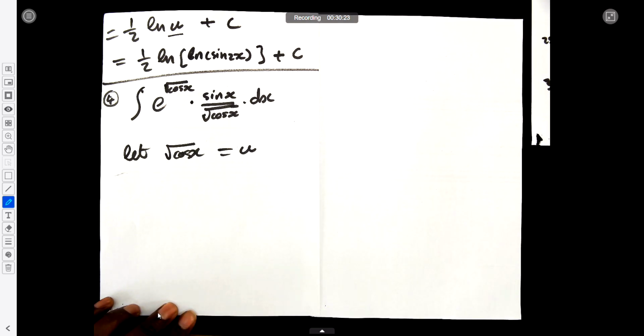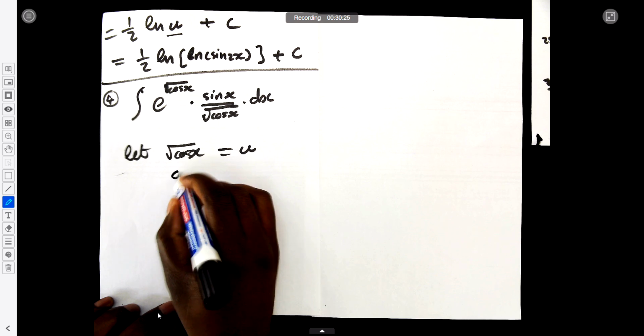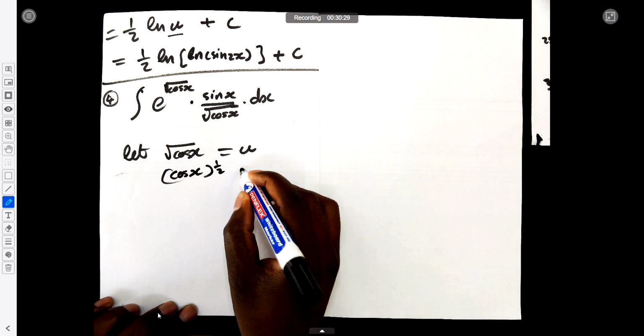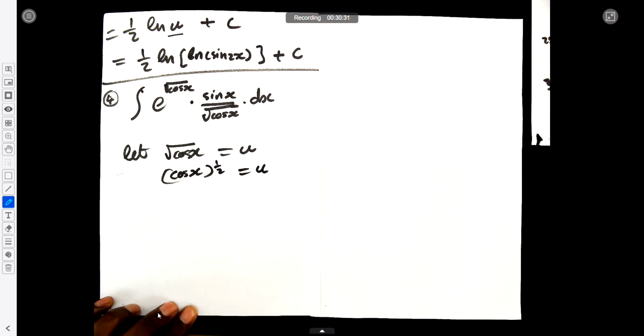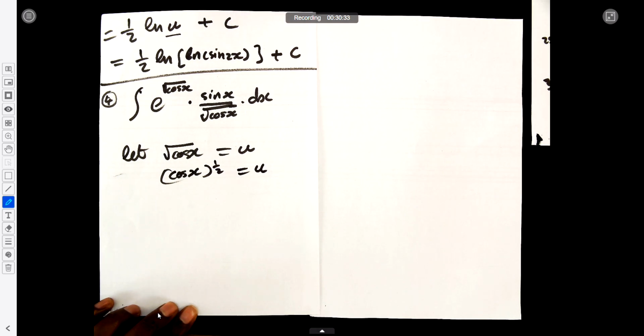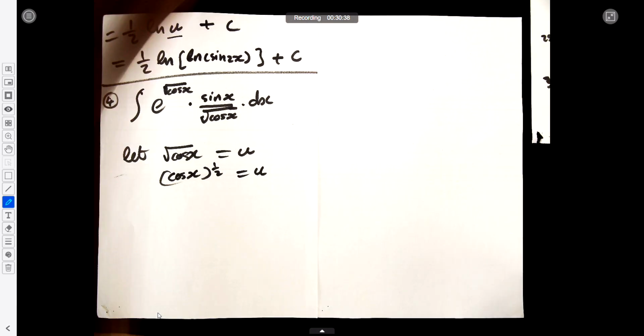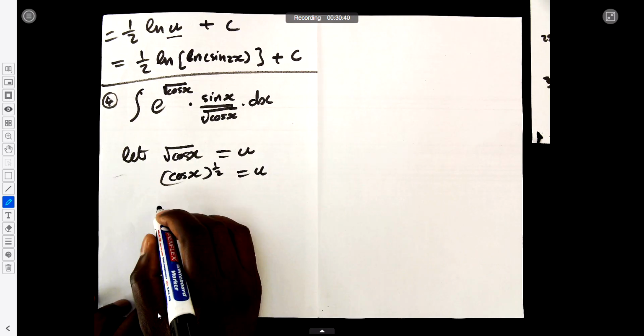So when you simplify this, before you even differentiate, you'll have cos x to the power of half equals u. Then from there, we can differentiate the function in terms of x.